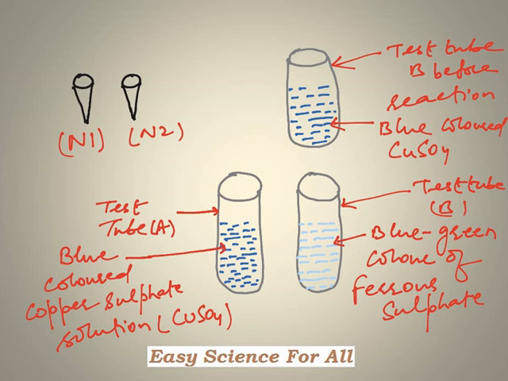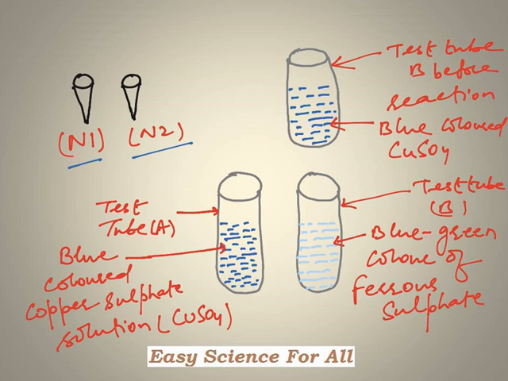To understand displacement reaction, I performed this activity at my home. In this activity, I took two nails N1 and N2 of iron and rubbed them with sandpaper to remove any layer of iron oxide formed on it.